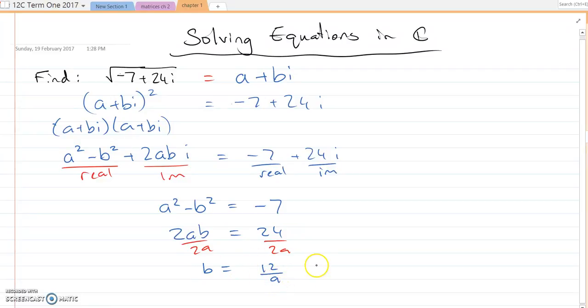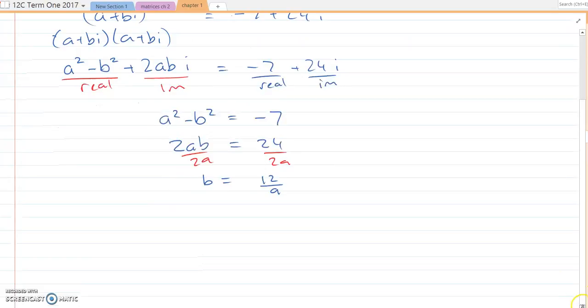And this one I will then sub back into this b here. So I'm going to get a squared minus 12 over a, squared, equals minus 7. Let's square this part. So we get 144 over a squared equals minus 7.